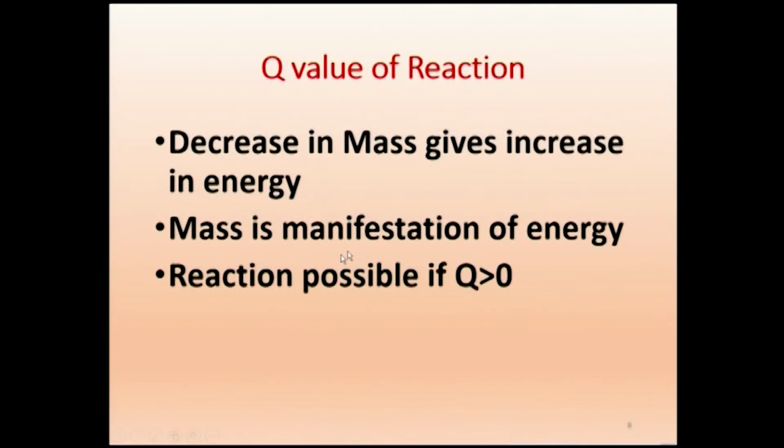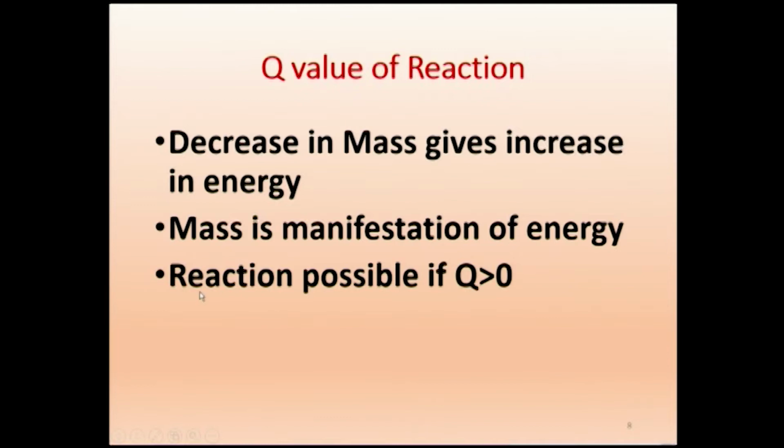Therefore, what we see is that a decrease in mass gives an increase in energy, and mass is only a manifestation of energy. So if mass decreases and energy appears, the reaction will be possible. Theoretically, we need not do the experiment. This is a tool to find out whether such a reaction is going to be possible.